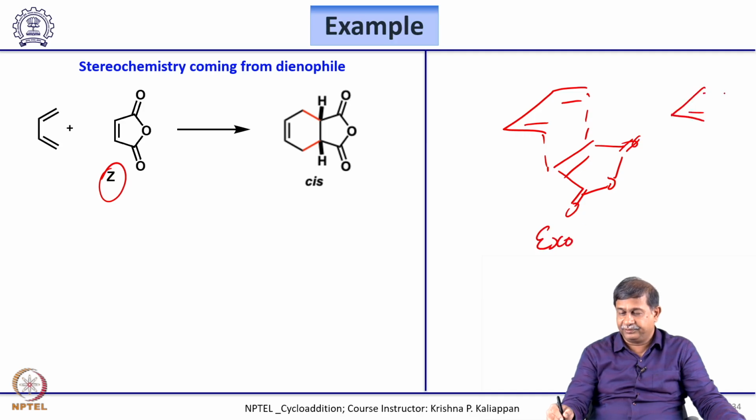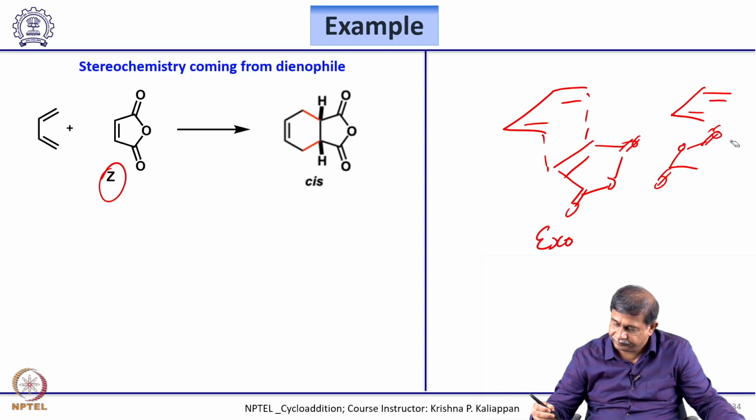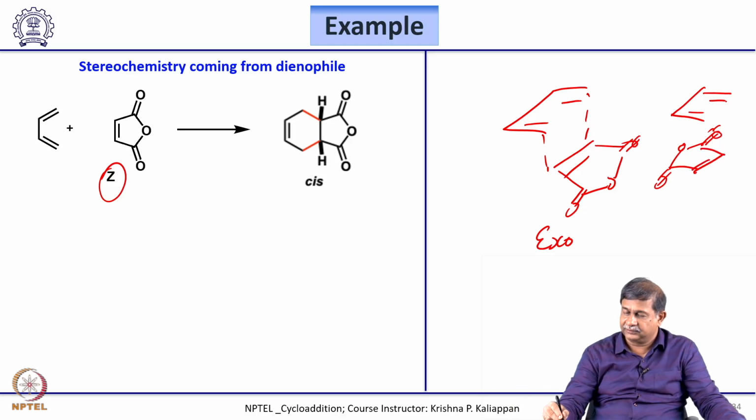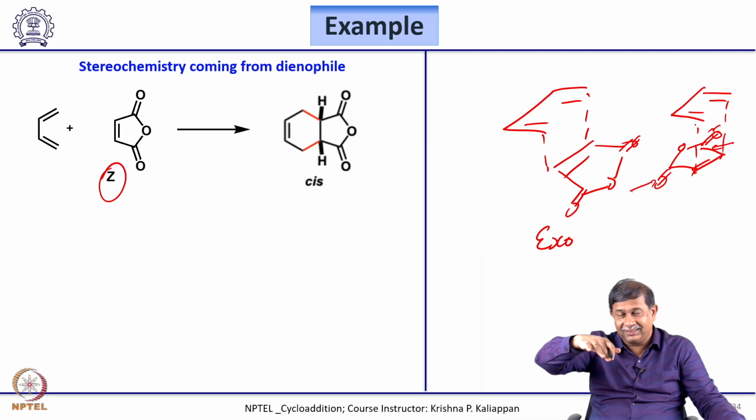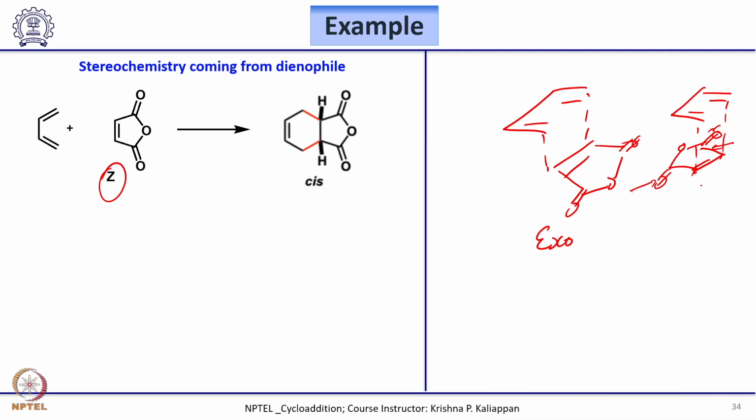But if you do this reaction with this transition state, now you can see both carbonyl groups are below the diene. That means this will give the endo product. So the endo product, if you see here, it is, and that's what it is.